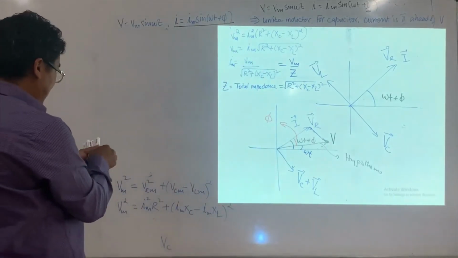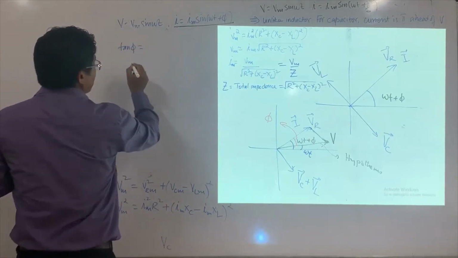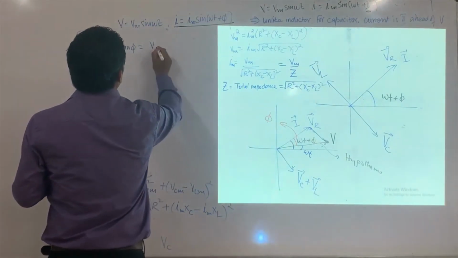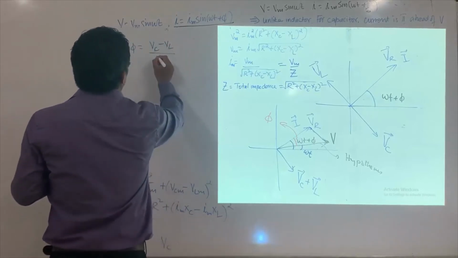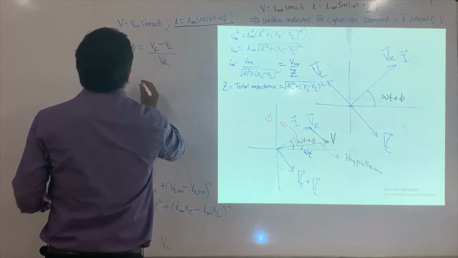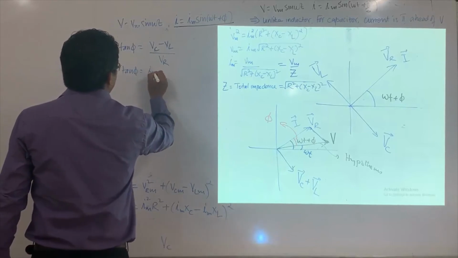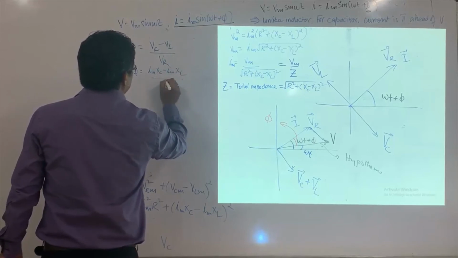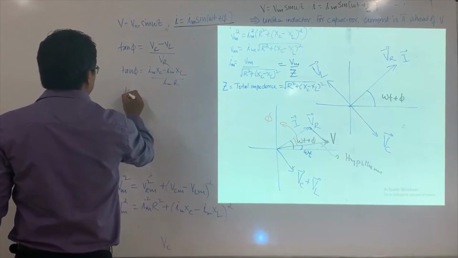Alright. If this is phi, then I can say that tan phi is equal to perpendicular over base. Perpendicular is VC minus VL, divided by VR, which I can rewrite as Im XC minus Im XL divided by Im R, and Im cancels out.